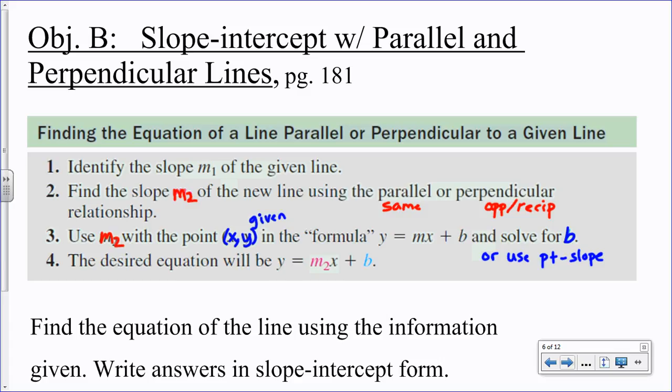You can use point slope form too. You want to write your equation in slope intercept form, so whether you solve for b or do point slope form first is fine. But the final one should be in slope intercept form. So it'll be our new slope, and then whatever we got for b. y equals mx plus b, so m2x.